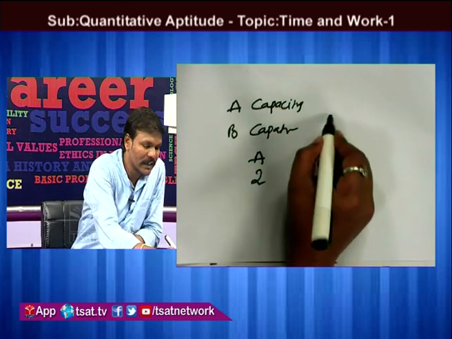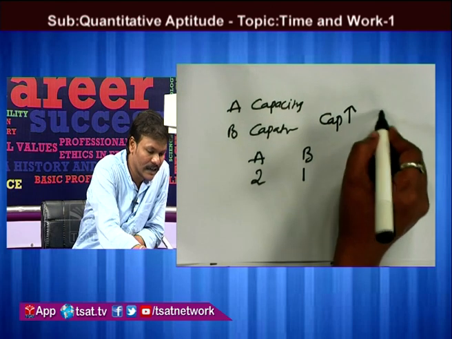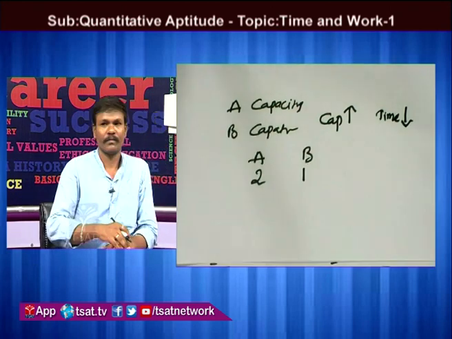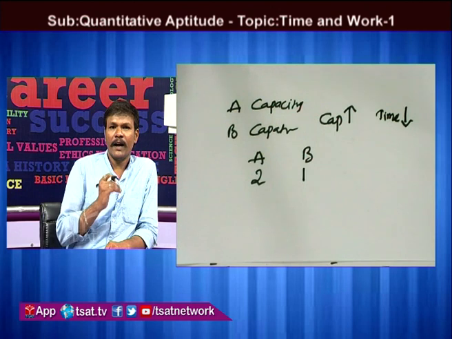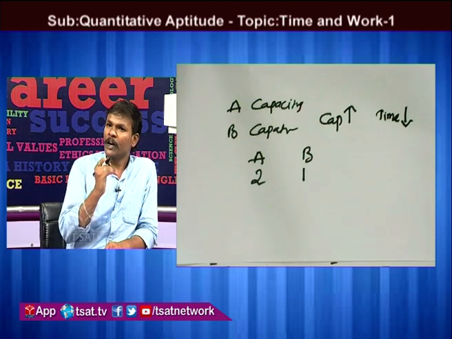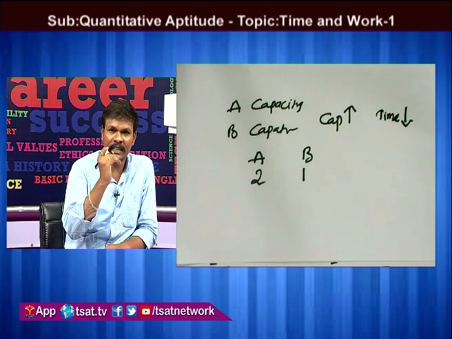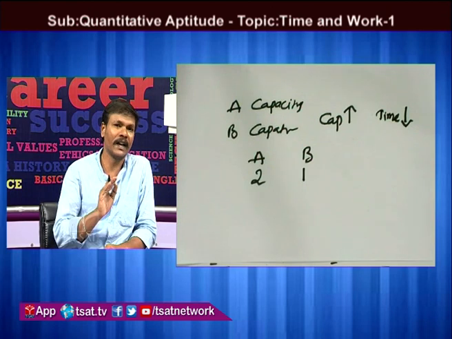As capacity increases, the time to complete the work decreases. One quantity is increasing, and the dependent quantity, time, is decreasing. That is the nature.